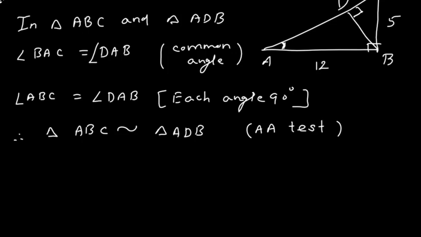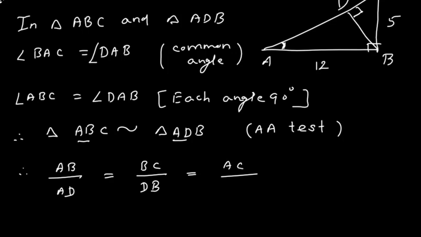So these two triangles are similar, therefore their corresponding sides are in proportion. So I will say AB upon AD equals BC upon DB, which equals AC upon AB. Now let us put the values.